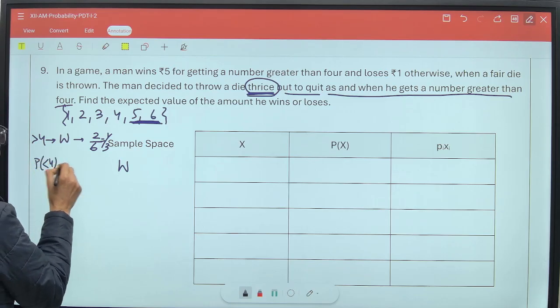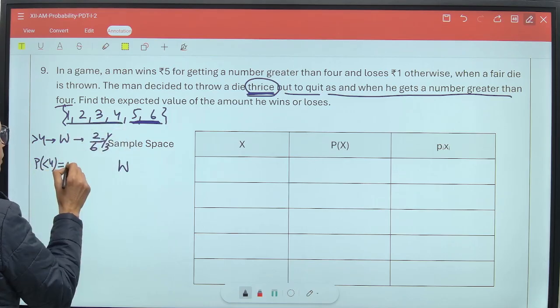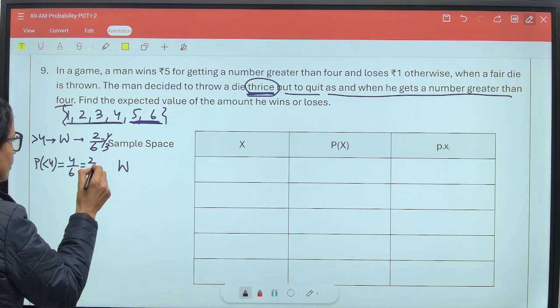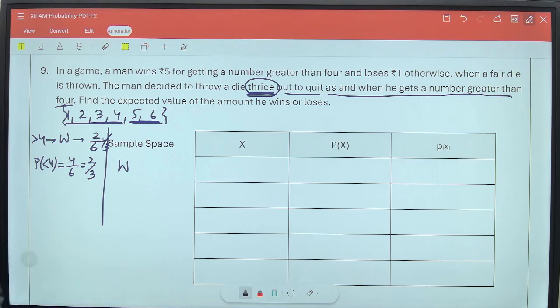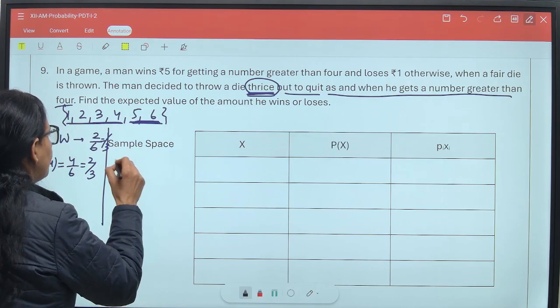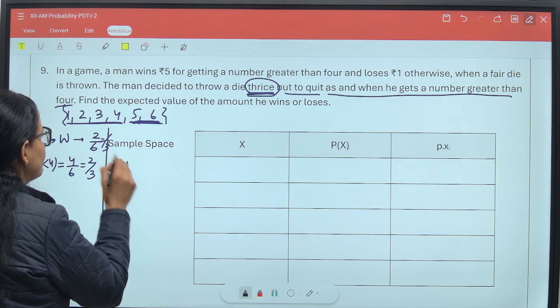So the probability is going to be 4 out of 6, which is 2/3. Fine. So these are the probabilities of winning, or you represent this as losing. So if he gets a number greater than 4 in the first throw, that means he wins in the first throw.